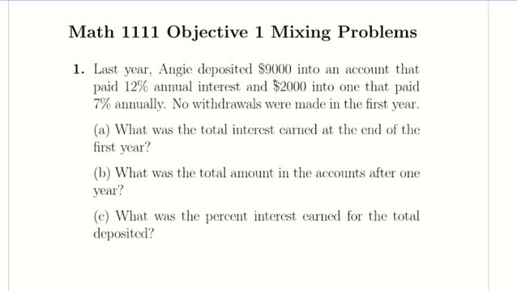I need to see who her money guy is and hire them immediately. But she deposited $9,000 into an account that pays 12% interest and $2,000 into one that does 7%. She didn't withdraw anything throughout the year.